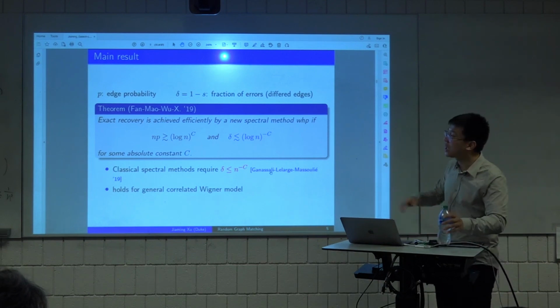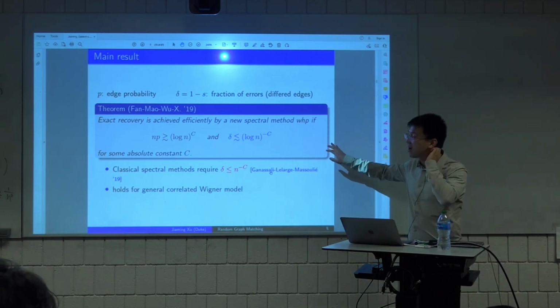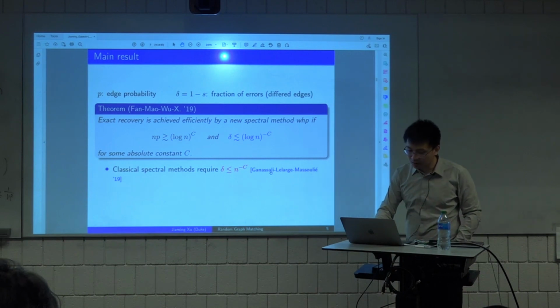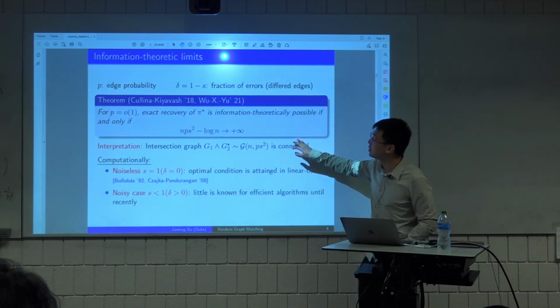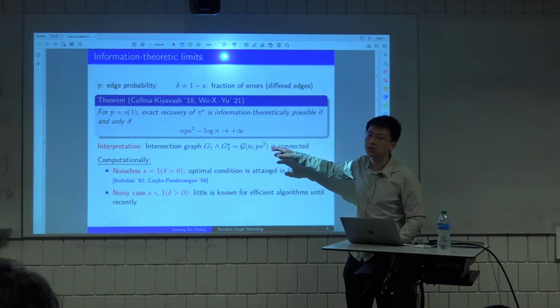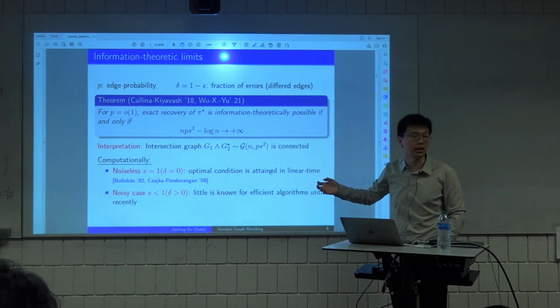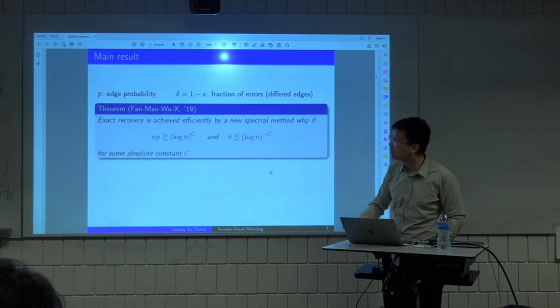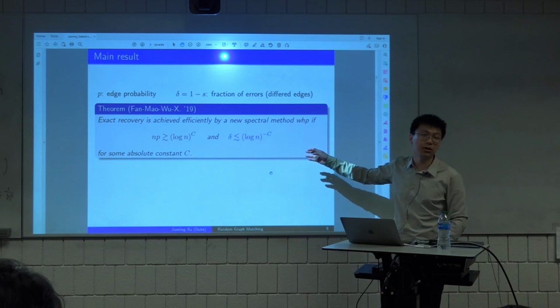Certainly this is far away from the information-theoretic limit, because if you look at this, say even np is polylog n, then for the information-theoretic condition to hold, s can be even 1 over polylog n, possibly. But what we are saying here is that s has to be close to 1.